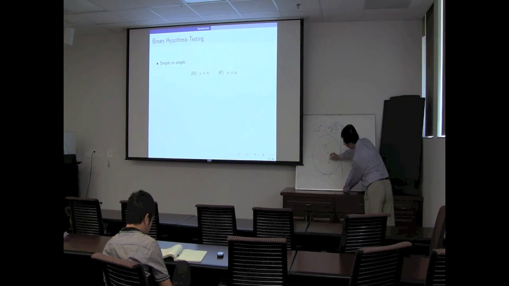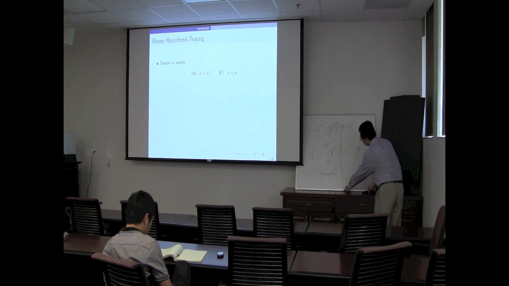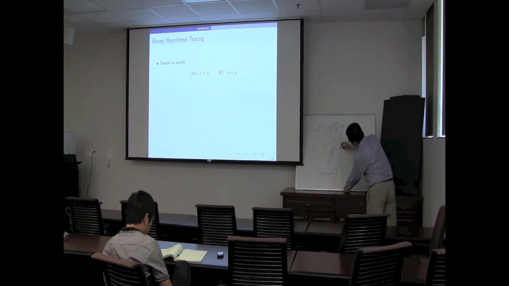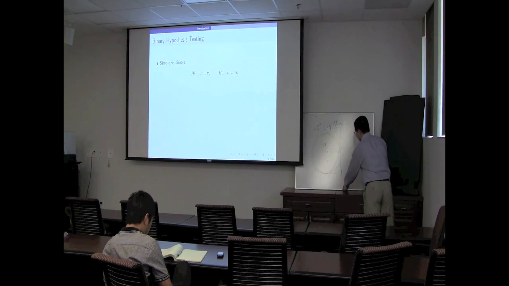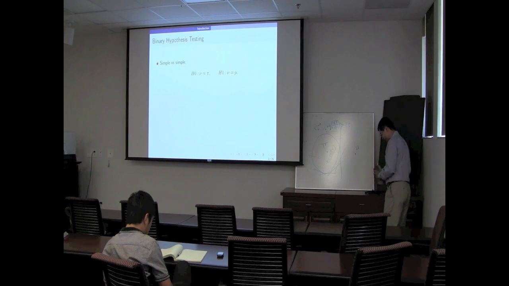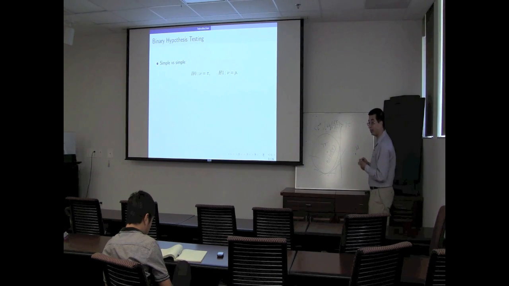This is a KL divergence ball around a certain distribution pi. The large deviation rate that I showed in my talk for the Hoeffding test is basically the KL divergence from here to here. So for the large deviation analysis of the testing problem, it has a very beautiful geometry.